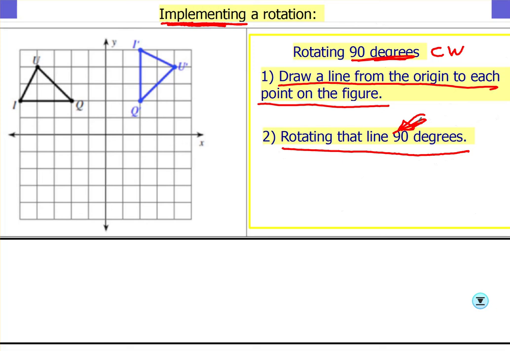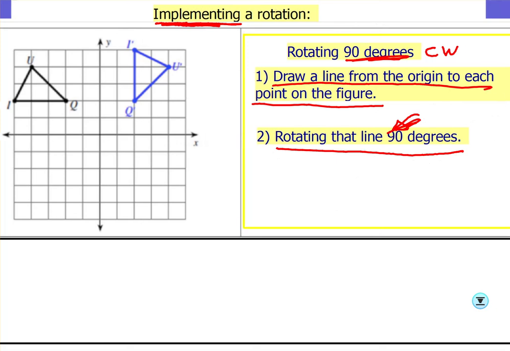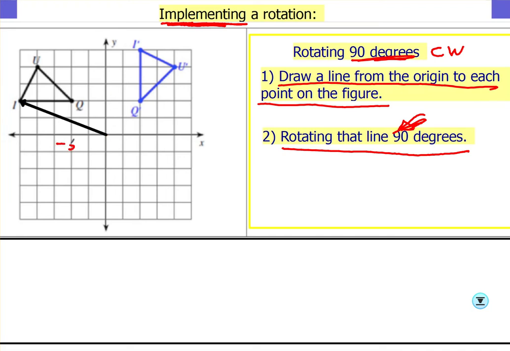And so let's go ahead and start by drawing a line. We'll start with point I to try to rotate it to I prime here. So what I'm going to do is draw a line, and let's keep it color coded. So we'll take point I, and you can see that I've gone to the left 5 and up 2.